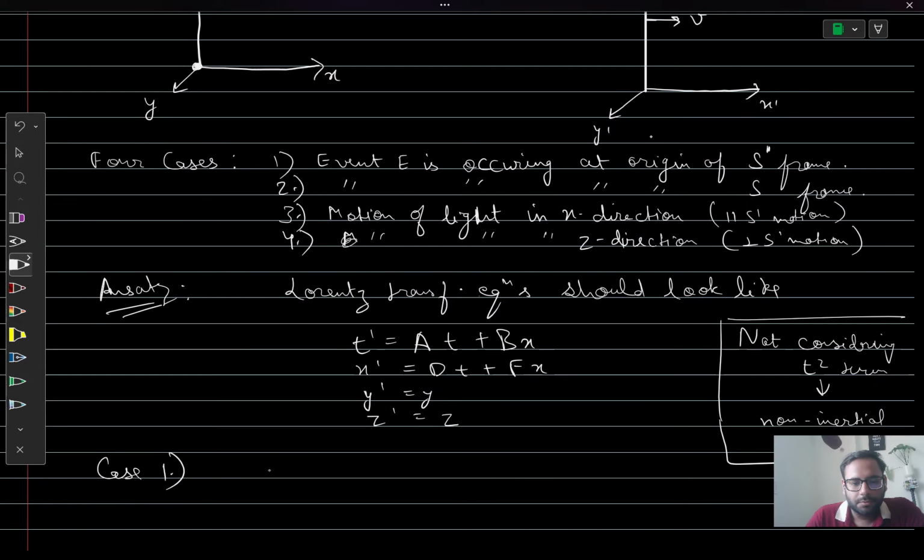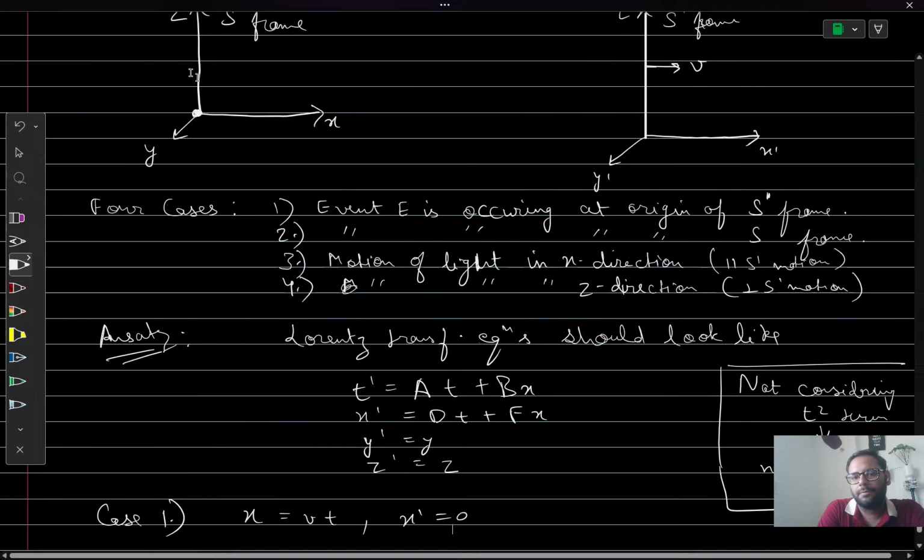So according to this, my x coordinate will be vt, and the x prime coordinate will be 0, right? If the event is happening at the origin of the S prime frame, my x coordinate is vt, because this S prime frame was initially at this origin.